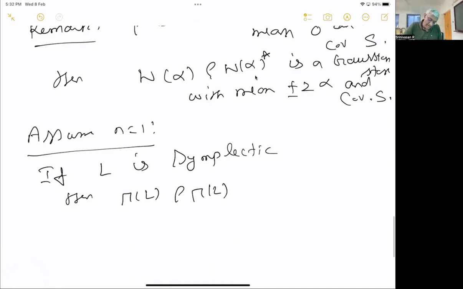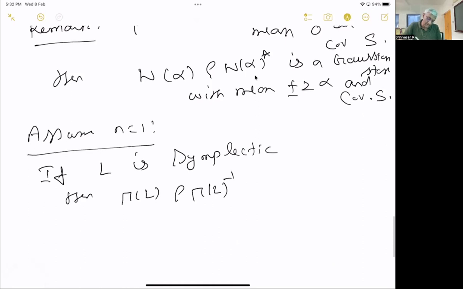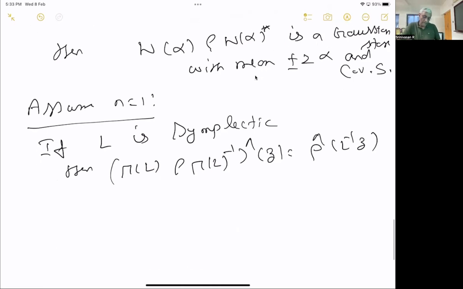Gamma of L, gamma of star, gamma of L inverse hat, which is going to be at alpha, at Z or whatever, equal to rho hat of L inverse Z. If rho has mean 0, let's not worry about mean, we assume that mean is 0 from here onwards.